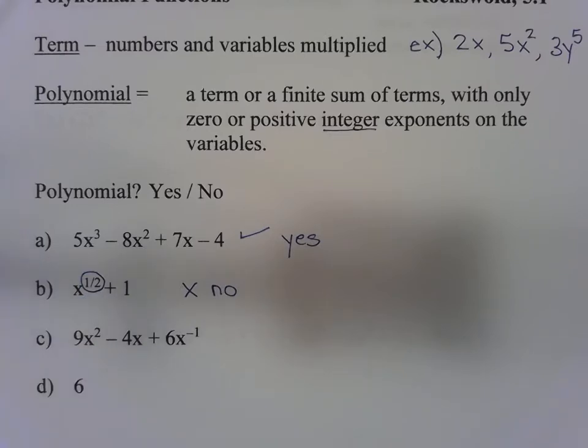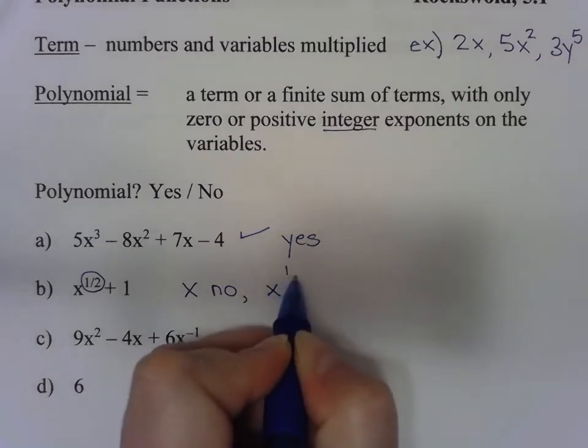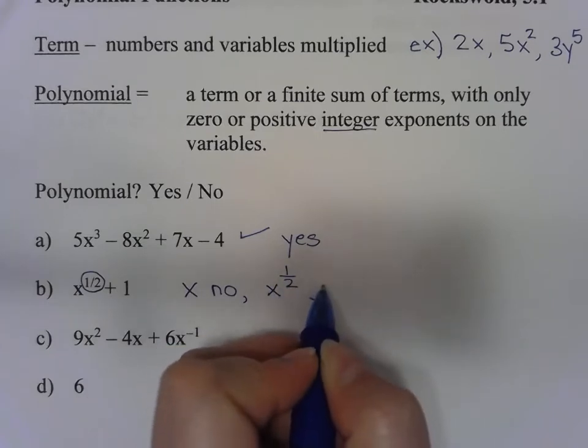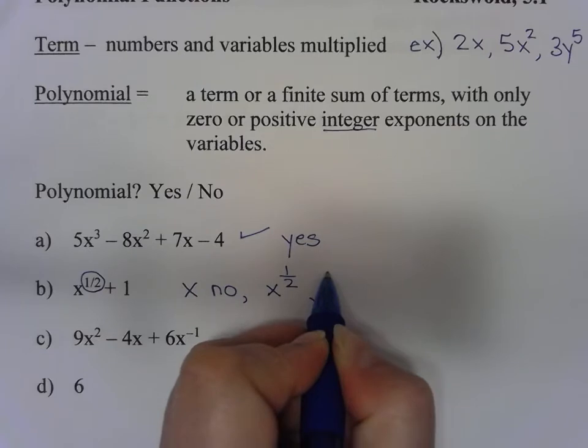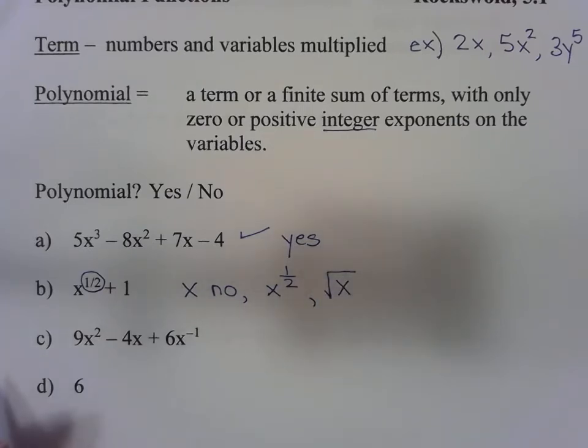I can't have an exponent of 1/2. So x to the 1/2, we can't have that. That would be the same as the square root of x. So no square roots, cube roots, or anything like that. Those are not part of a polynomial.